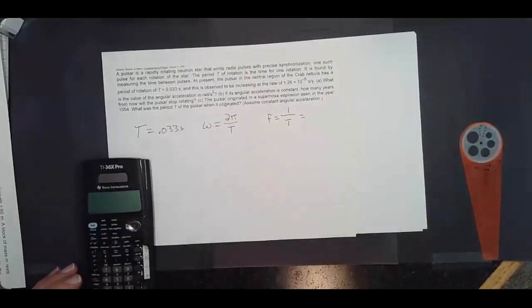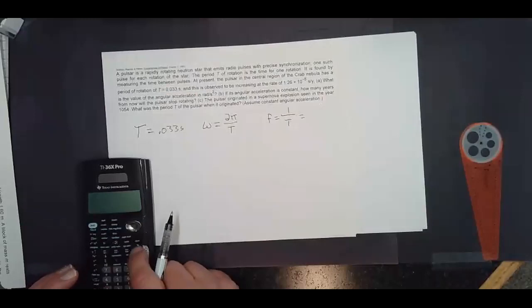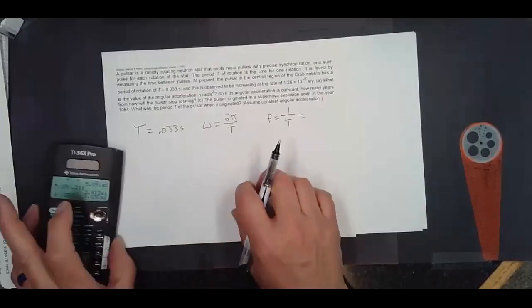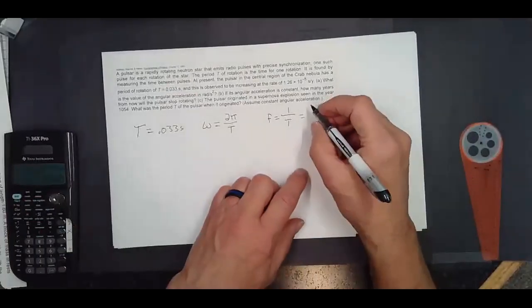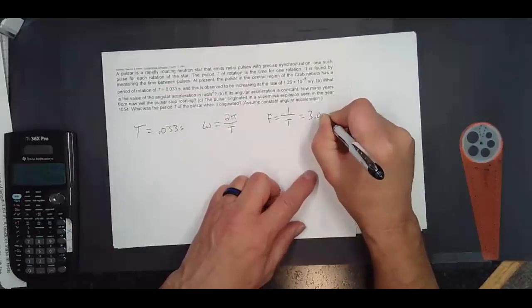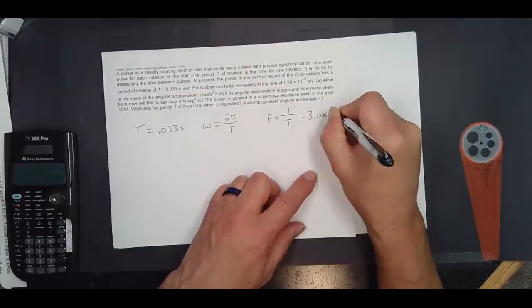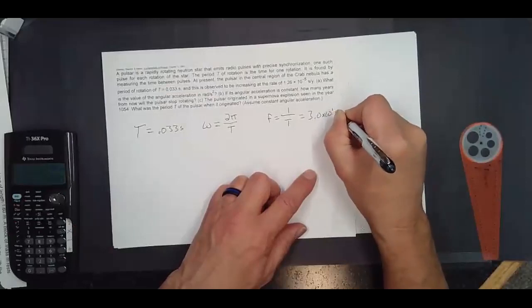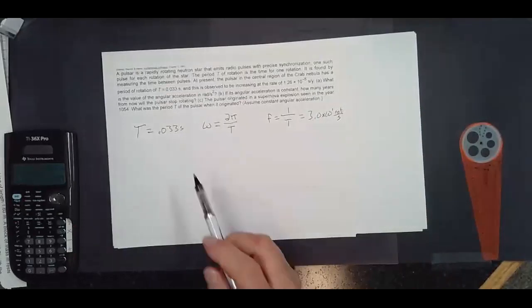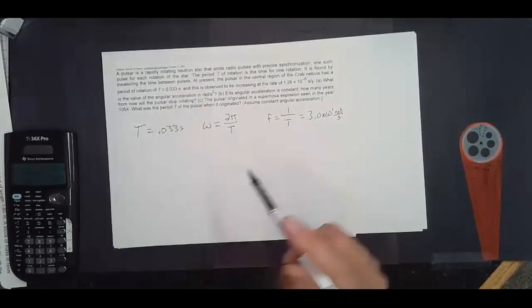So 1 divided by 0.033, turn on the calculator first. It's about 30.3. Actually, we only have 2 sig figs, but write it this way: 30 rotations per second. Okay, this pulsar is a neutron star.